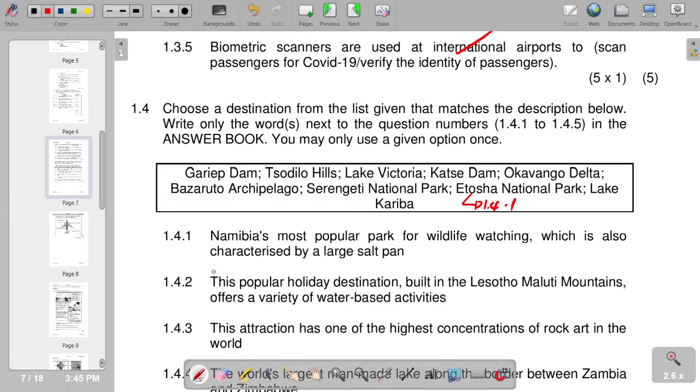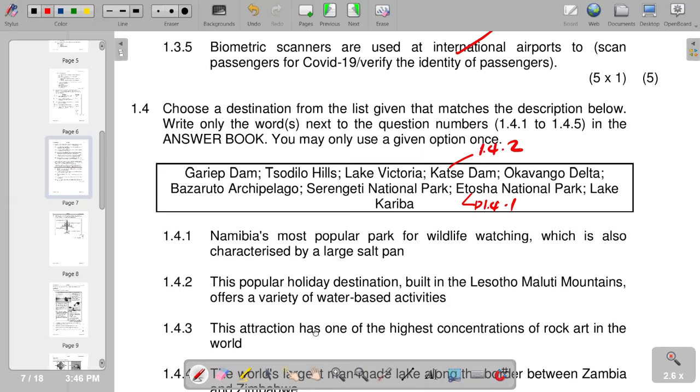Then we go to this popular holiday destination built in the Lesotho Maluti Mountains that offers a variety of water-based activities. This is the Katse Dam, which we try to see where it is stated. Of course, we see that according to the responses that we have on this part, which is 1.4.2.